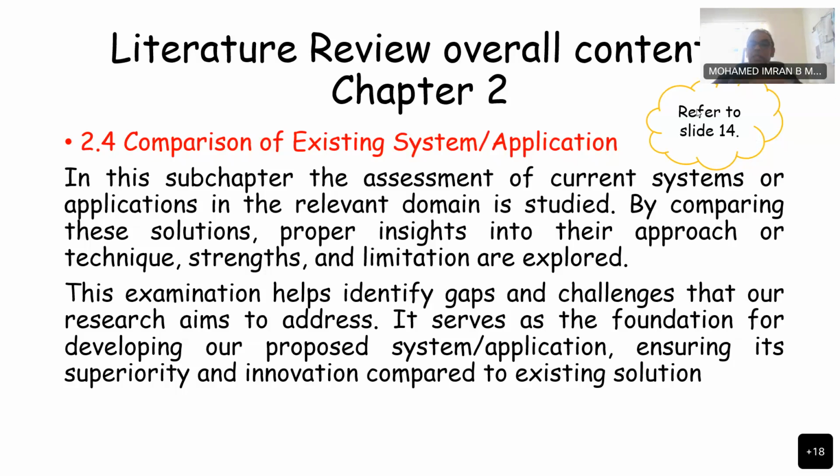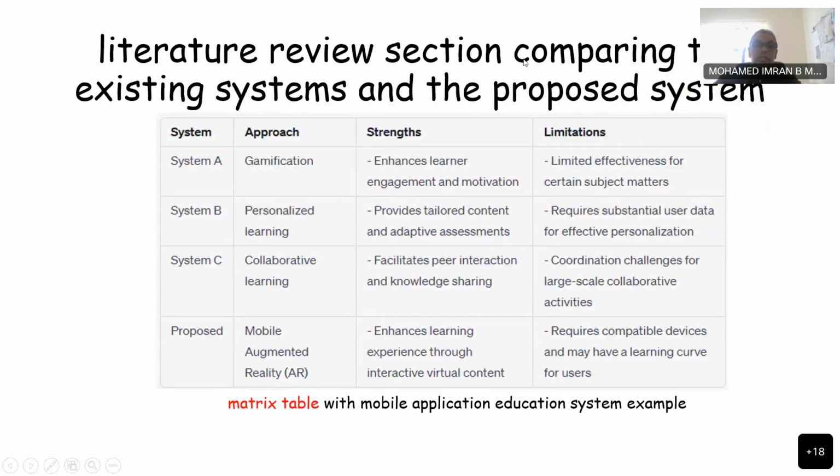All right, let's refer to slide number 14 here. This is what you are going to present in your chapter 2, 2.3, comparing the existing systems and the proposed system. The table here is called the matrix table, and the title of this particular research is Mobile Application Education System.